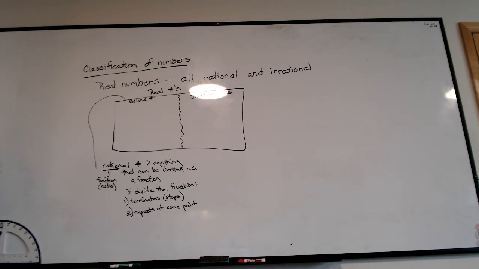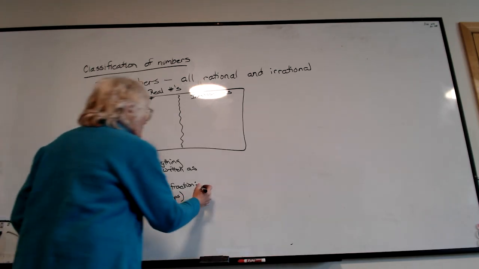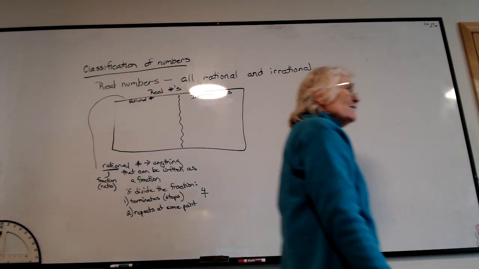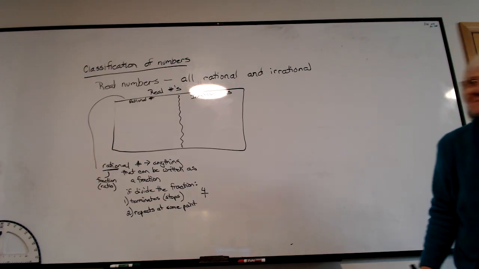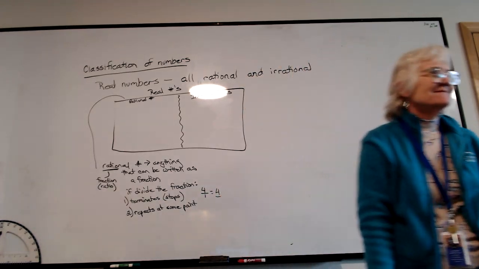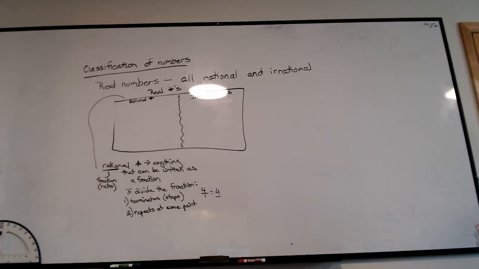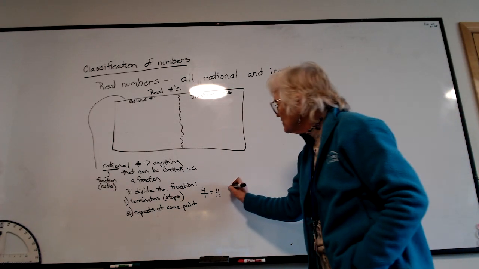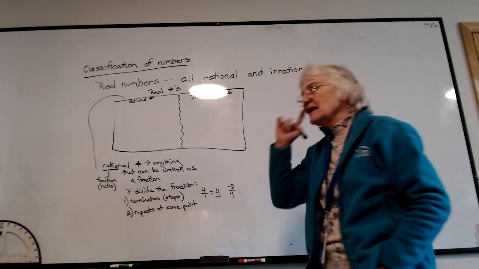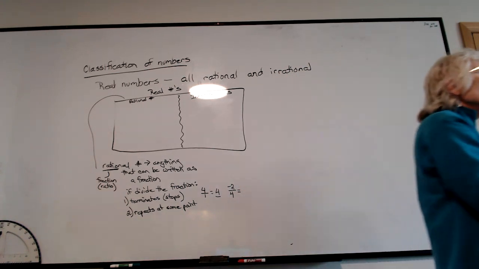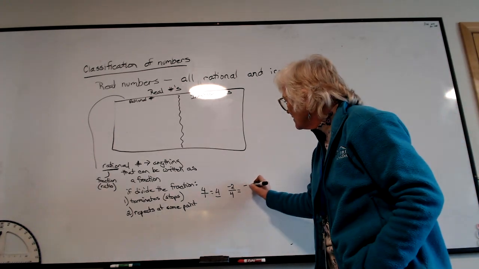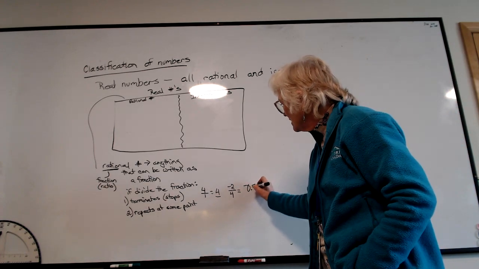Let's look at some examples. The number 4, which can be written as 4 over 1. If I do 4 divided by 1, that is a fraction. It stops at 4. If I do -2 over 4, that's really the same as -1 over 2, which if I do that division, is going to be -0.5.